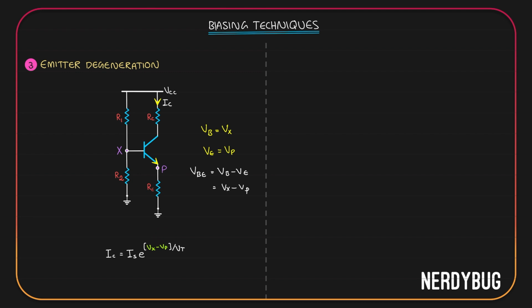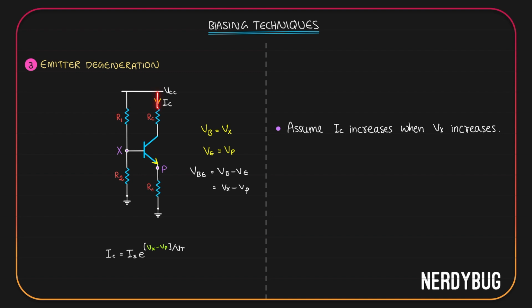Now forget about the math. Let me give you an idea on how emitter degeneration, or basically simply adding a resistor at the emitter, is going to help us stabilize our Q point. Without emitter degeneration, our problem was that when Vx increases a little bit, Ic increases a lot. Assume that we have a collector current Ic and it increases when Vx increases.